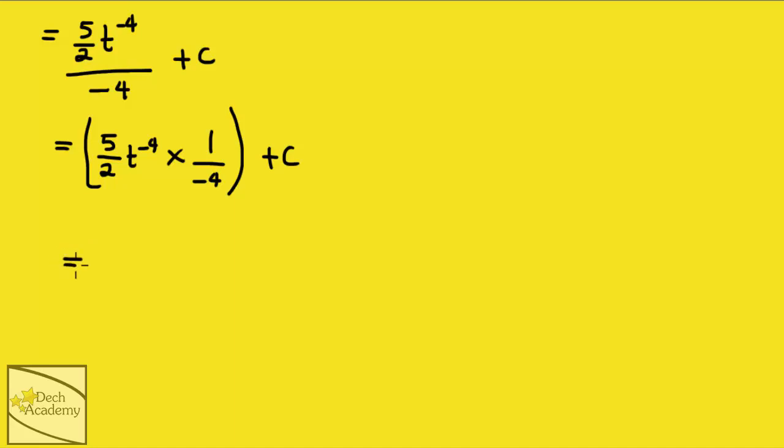which is equal to, well, I could just break it down as this: 5 over 2 times t to the minus 4 times 1 over minus 4.